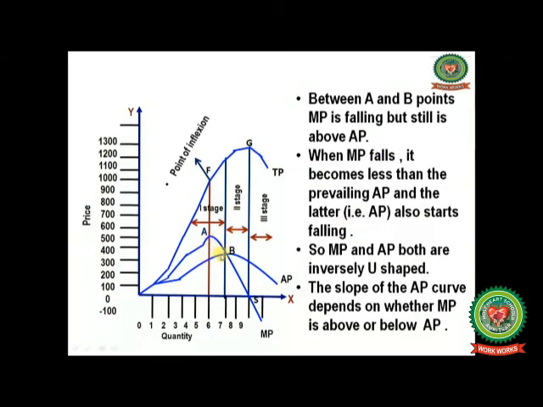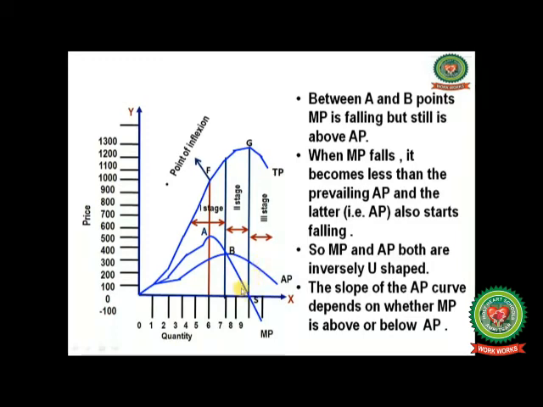Between points A and B, MP is still falling, but it is above the AP. When MP falls, it becomes less than the prevailing AP, and later it starts falling with greater speed, and MP is below the AP curve.